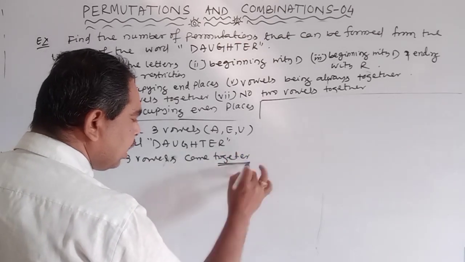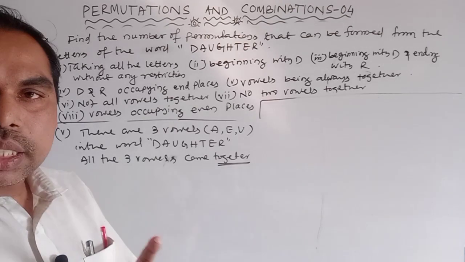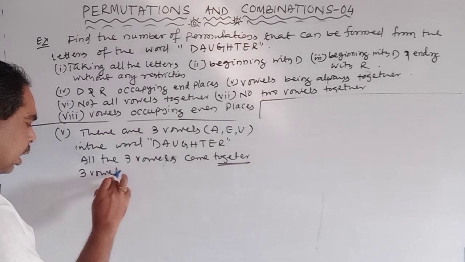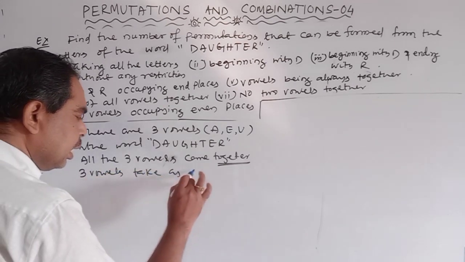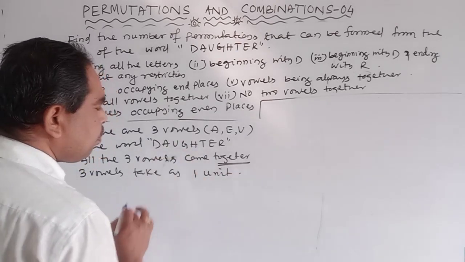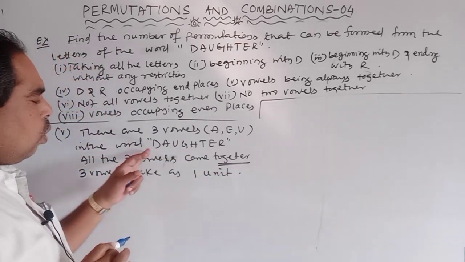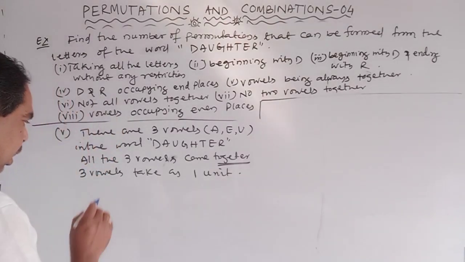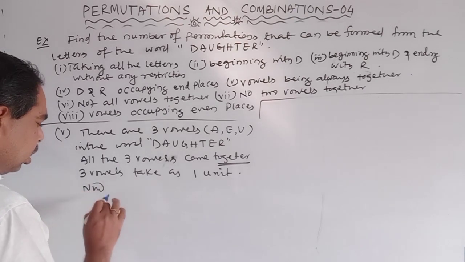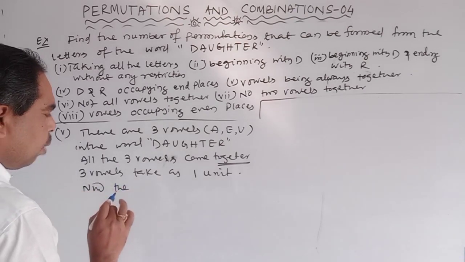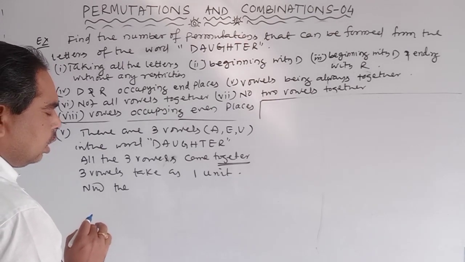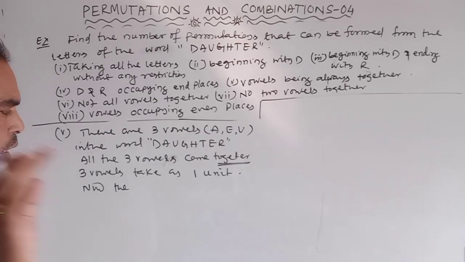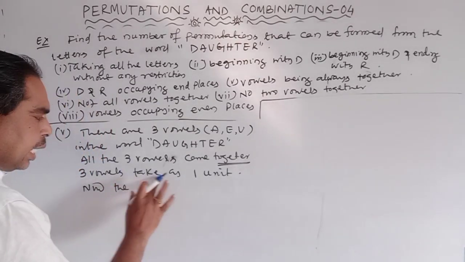The word together is given. So in this case, the three vowels are taken as one unit. Out of 8 letters, there are 8 letters in total. One unit means the three vowels are taken as one letter.